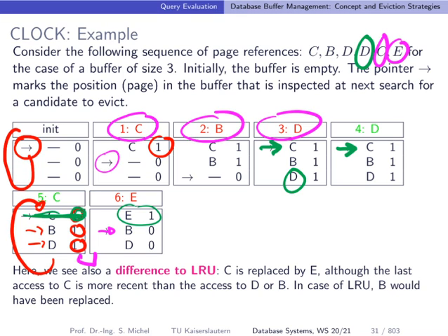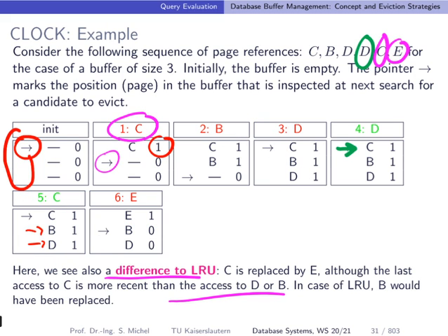And this is also a difference noted to LRU, because we see that C was eliminated. Also, the last access to C is more recent than the access to D and B. And in case of LRU, the B would have been replaced and not the C. Why is this?